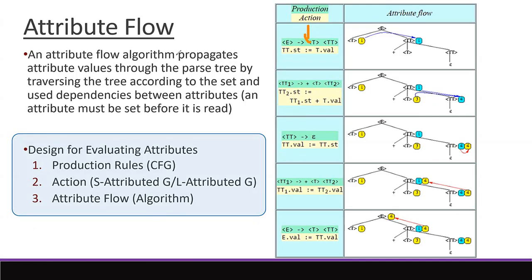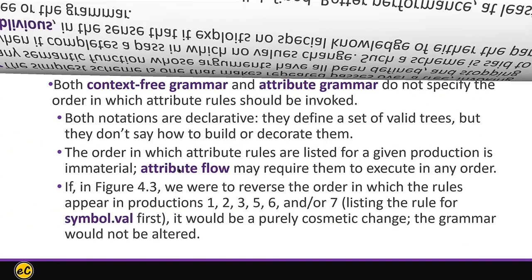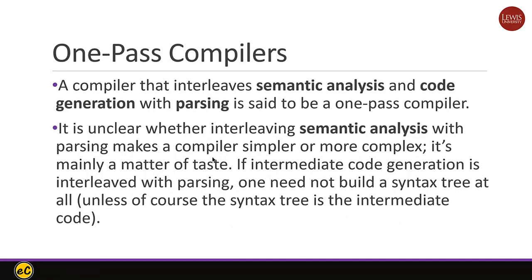So the attribute flow algorithm propagates attribute values through the parse tree by traversing the tree according to the set and dependency. It will tell you what action you should take and what your next step is. So this kind of attribute flow is your function call, when you will call what.